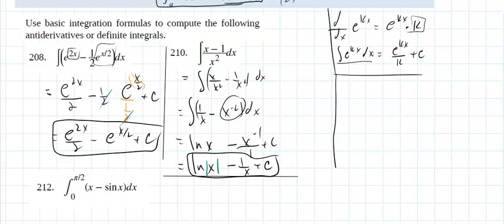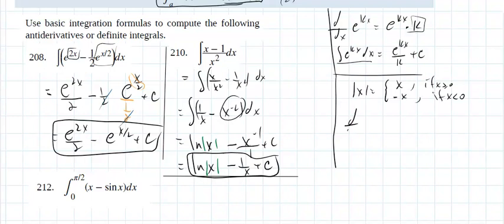I'm going to show you why from now on. We took a derivative of natural log of x. Keep in mind, the absolute value of x is x if x is bigger than or equal to 0, and if the inside of the absolute value is negative, that would be negative x.